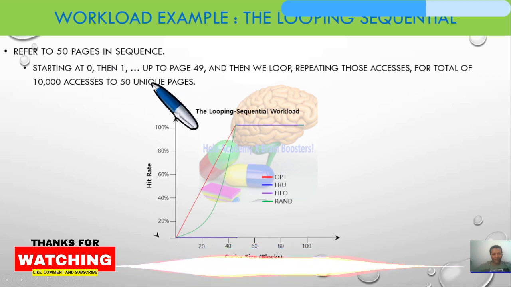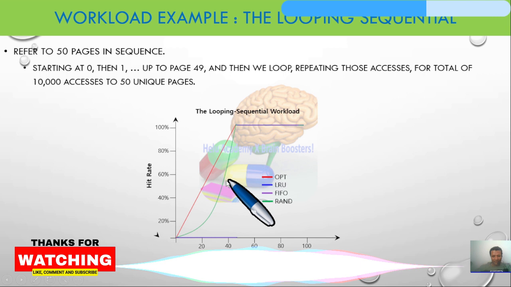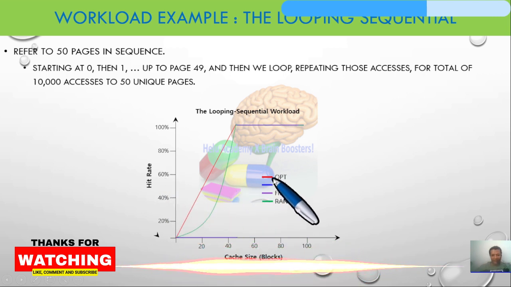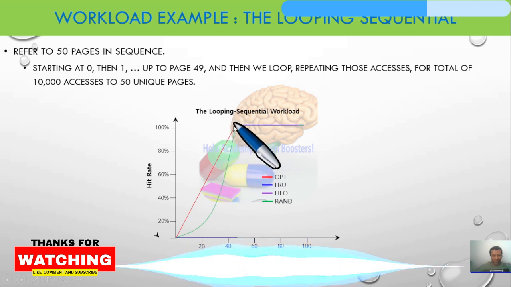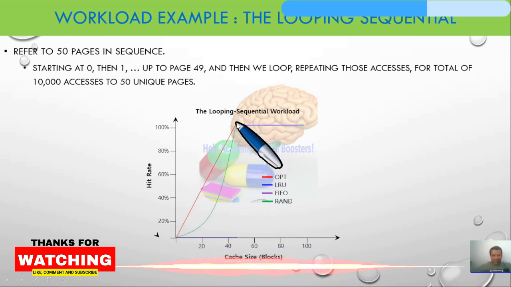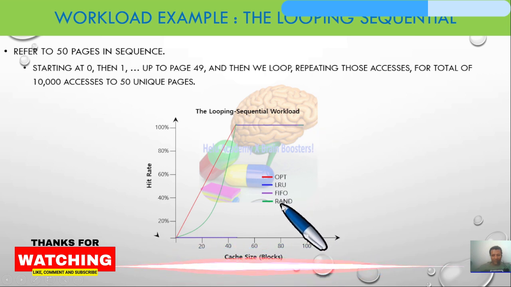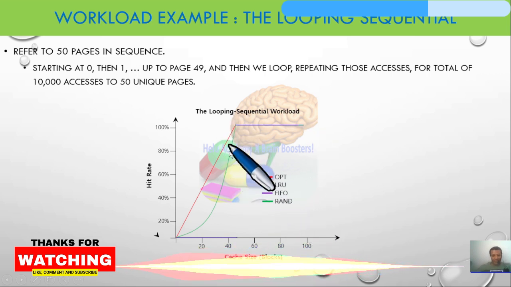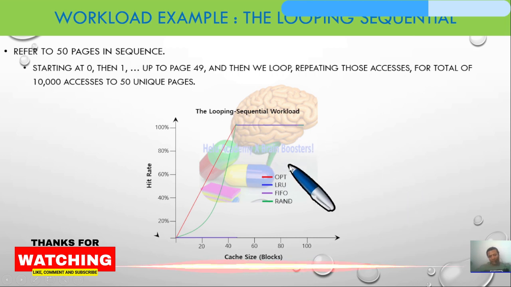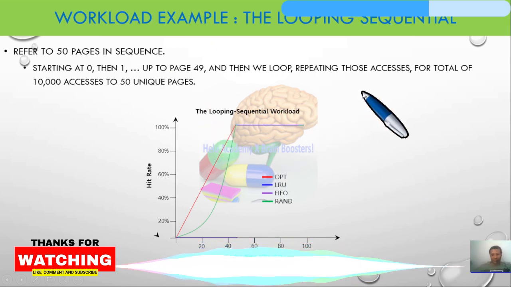The looping sequential workload shows a result like this, with cache size and hit rate. As usual, this is the optimal, and LRU is here, FIFO and random are here. So this was the experiment.